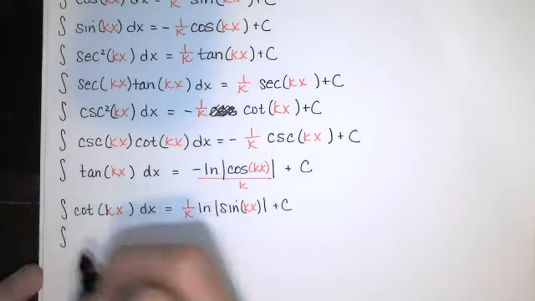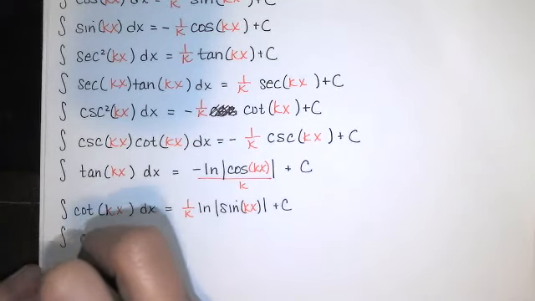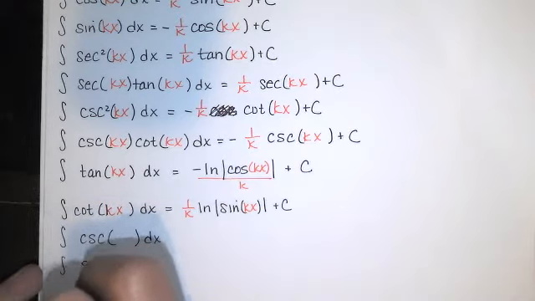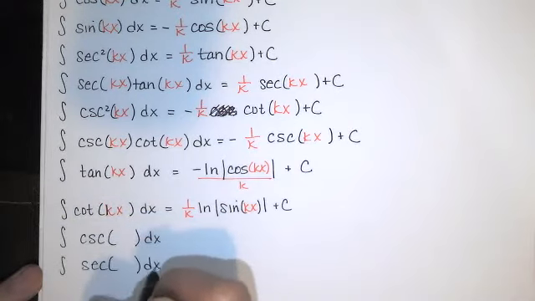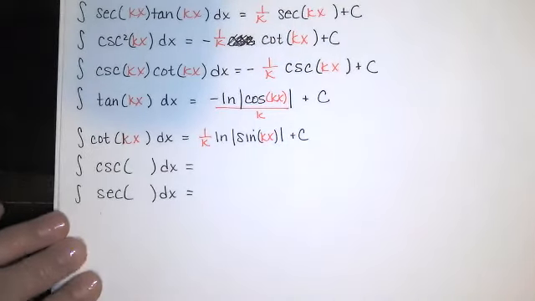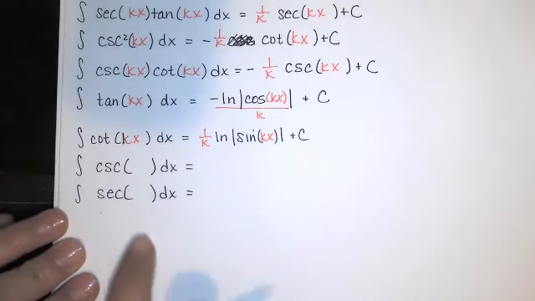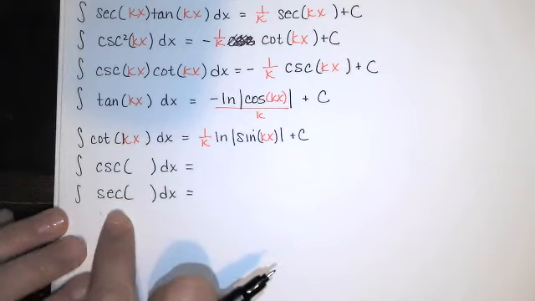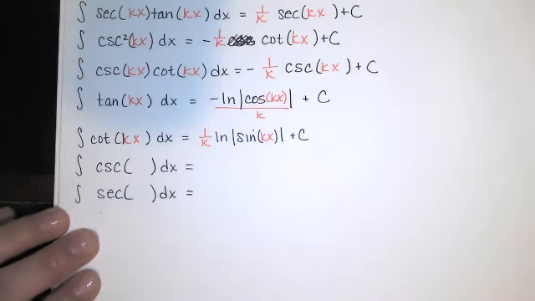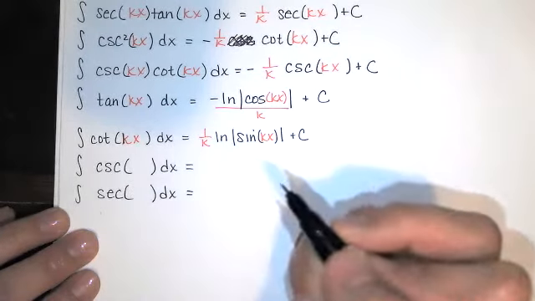And then the other two, we've got cosecant of kx and secant of kx. Those are those sort of strange ones where we had to multiply by secant plus tangent over secant plus tangent to get a rule for this, so that we could do that u-sub, that logarithmic u-sub. And then this one we had to multiply by cosecant plus cotangent over itself and do the u-sub.